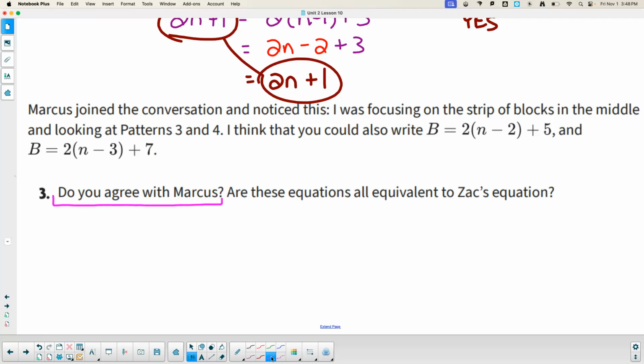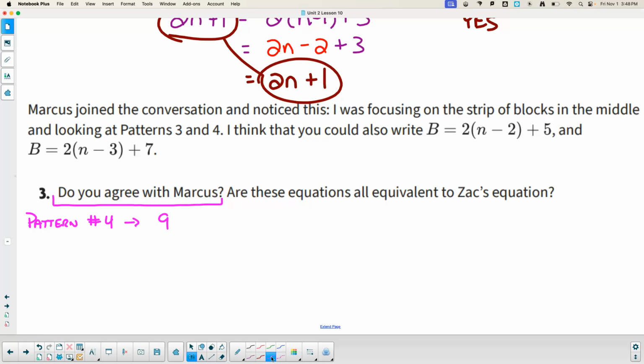So back up on the original one, on pattern number 4, there were 9 total blocks.